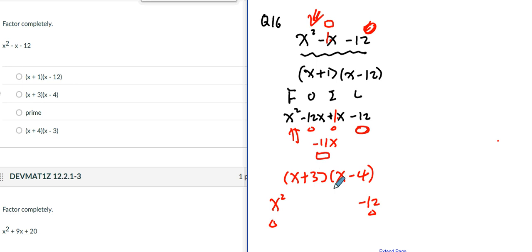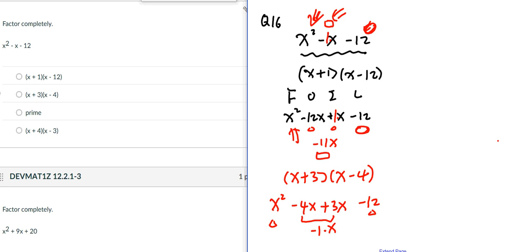But outer product, negative 4 times x. Inner product, 3x. When they combine, they get negative 1x. That's the one we got here. So the correct choice will be this one.